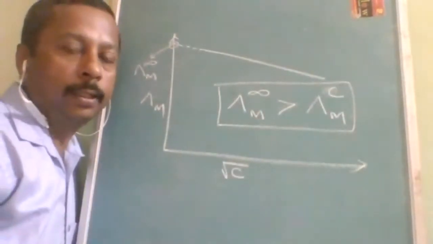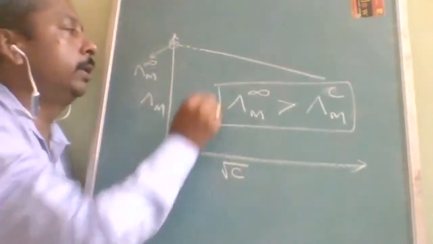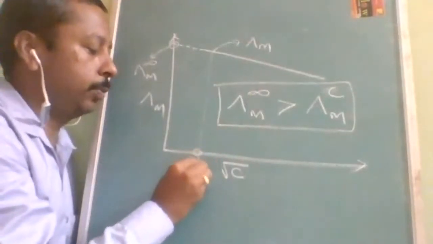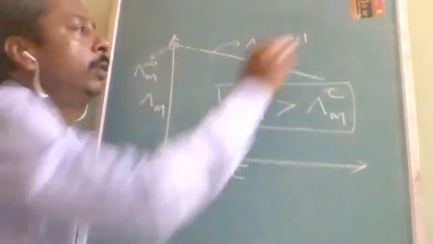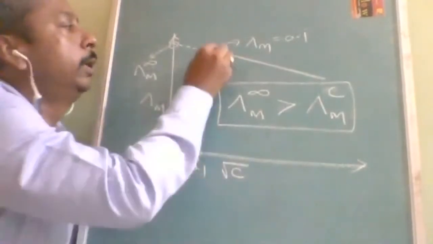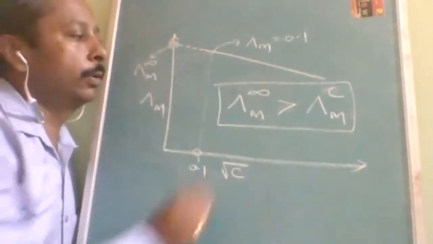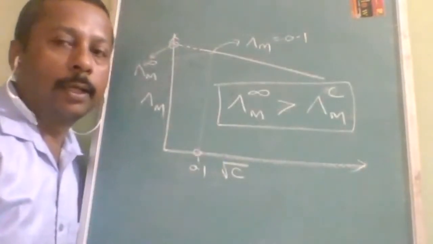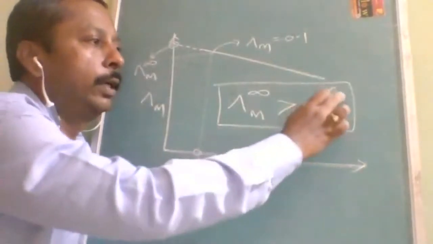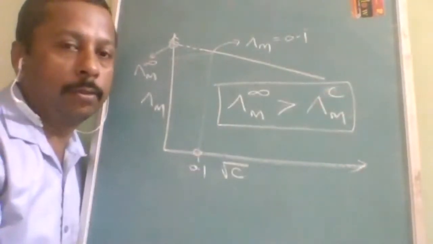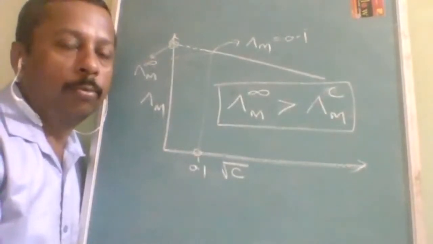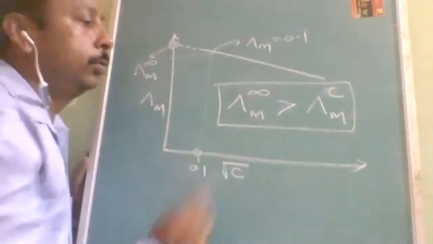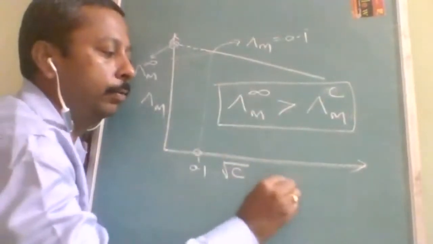Understood? So more amount of water, more will be the degree of dissociation, more will be the conductivity. So this is used for finding out the alpha value.